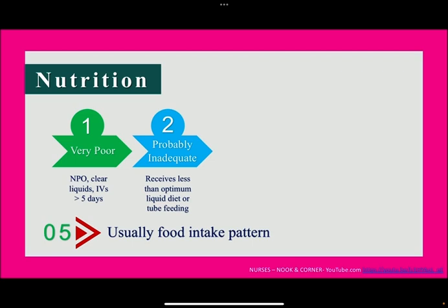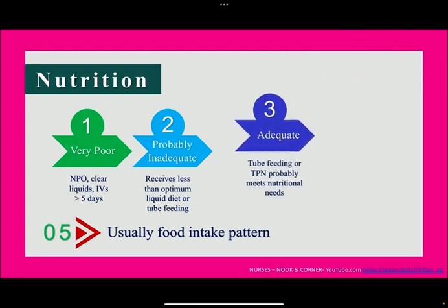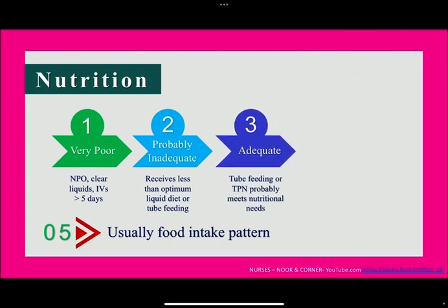You can grade the patient as score 2, probably inadequate. The patient may be receiving less than the body requirement, like a liquid diet or NGT tube feeding, but really less than the body requirement, so that's why you'll give the patient 2. You will grade him number 3 for an adequate diet, where he's getting, depending on assistance, like a nurse giving him NGT tube feeding or TPN properly, meeting the nutritional needs, but it's only adequate because it depends on others like nurses or the caregiver.